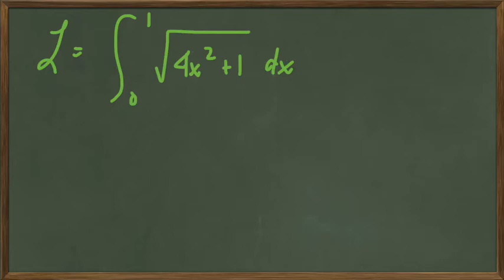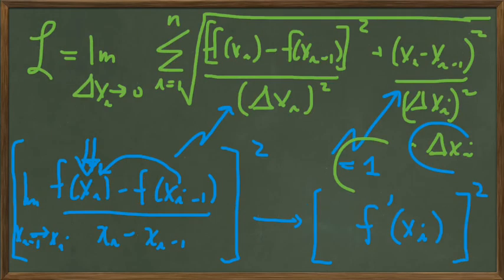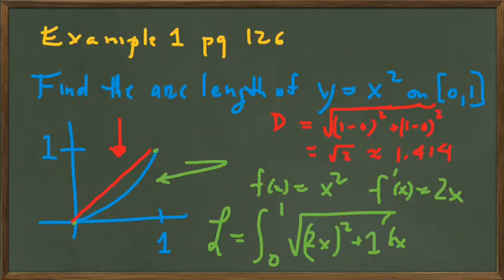But what we get is an answer of approximately 1.479, and that was compared to the straight line distance, which was 1.414. So the distance of the actual arc is about 0.065 more than the very gross estimate we would get by just finding the straight line distance.